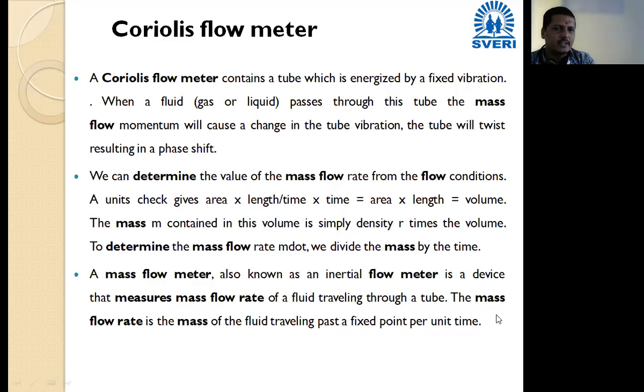How much mass flows in a particular time. Then the mass flow meter, also known as the inertial flow meter, measures the mass flow rate of fluid traveling through the tube. The mass flow rate is the mass of the fluid traveling past a fixed point per unit time.